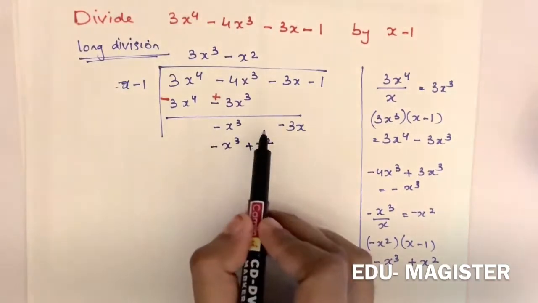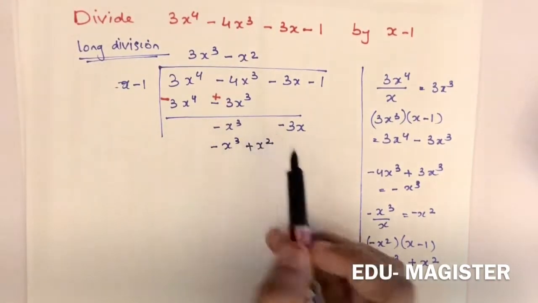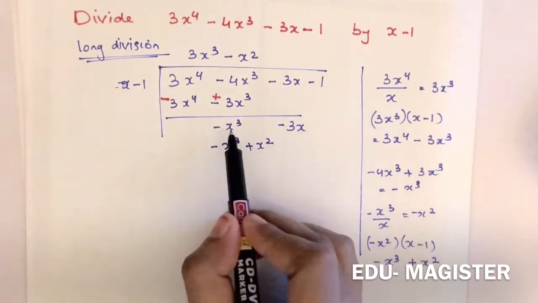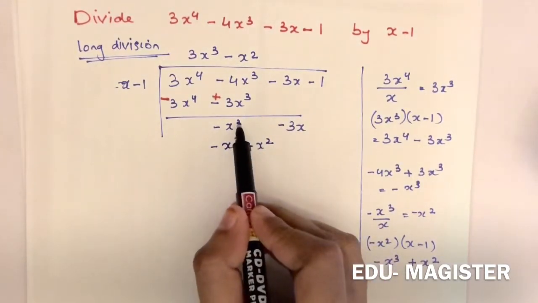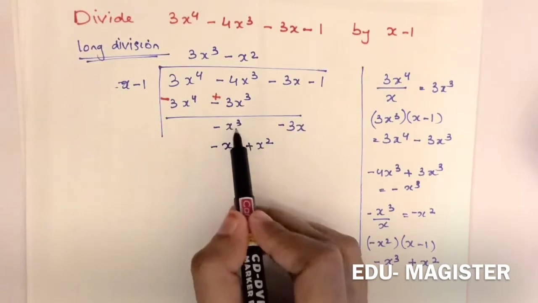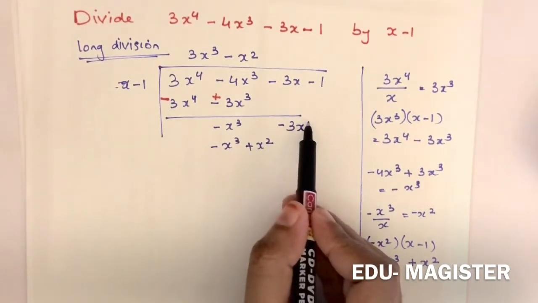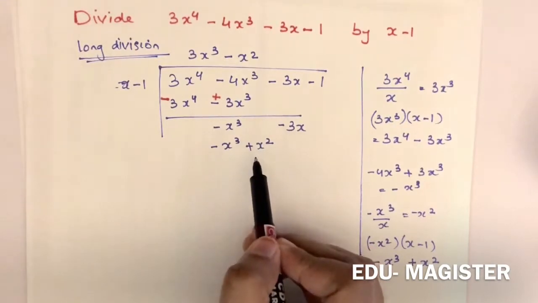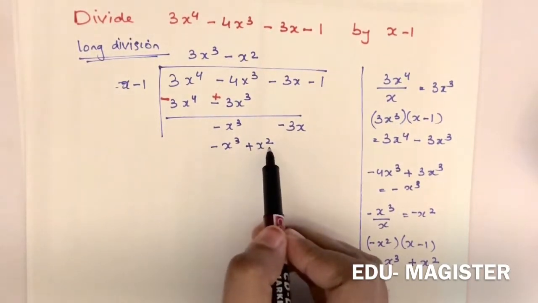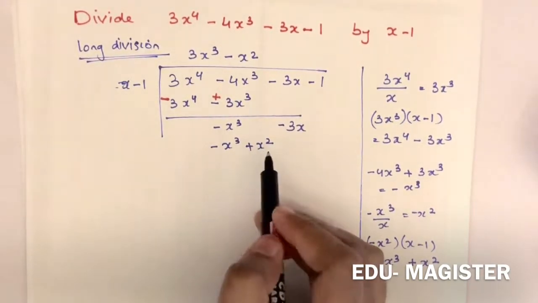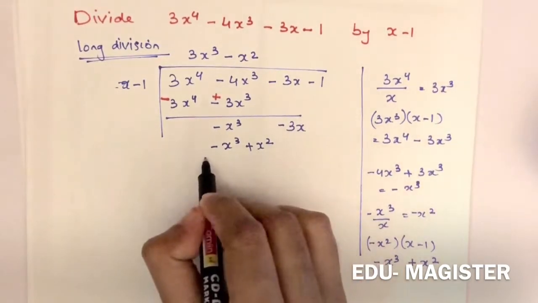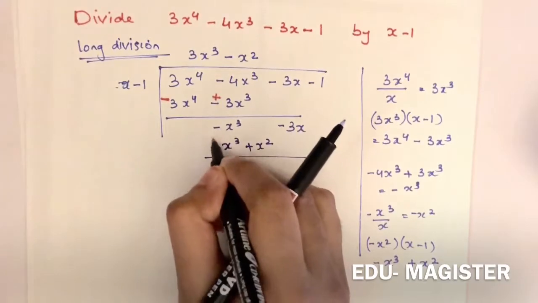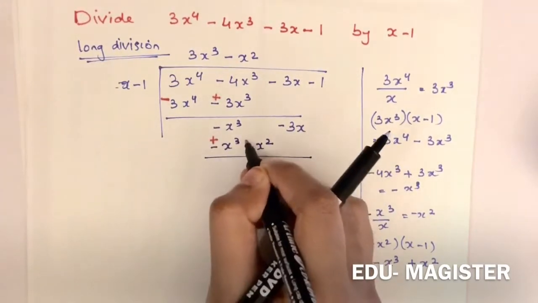If you notice, I have left some space here in order to write this x square term. That is, in this term the degree is 3, in this term the degree is 1. So just leave some space in case you get a term of degree 2. Okay. Now let's subtract. Before that, let's change the sign.